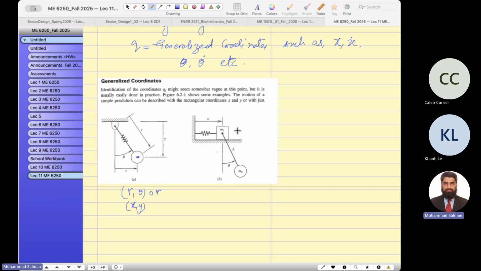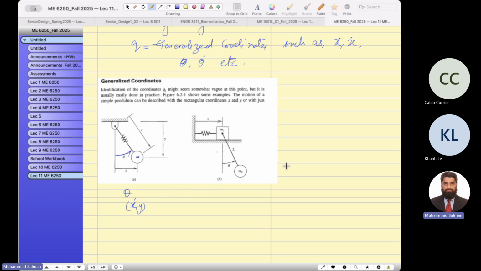And how about this? When you see two different masses, here this is a bit confusing. You can define this by theta only, because theta completely defines this position.